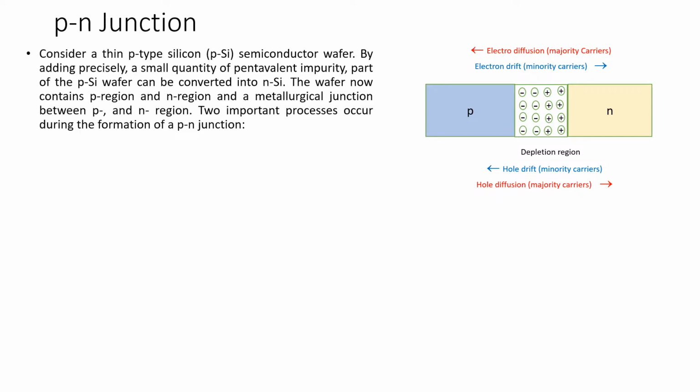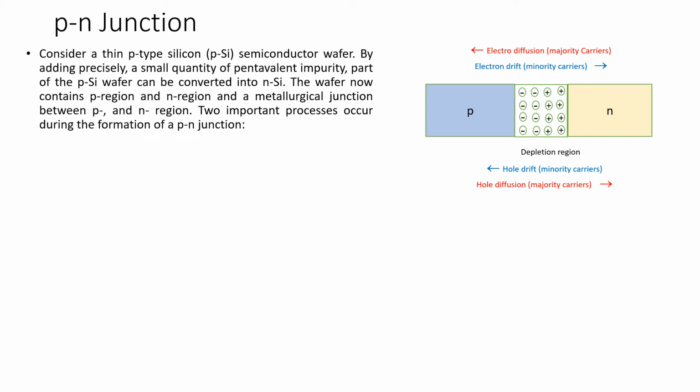Consider a thin p-type silicon semiconductor wafer. By adding precisely a small quantity of pentavalent impurity, part of the p-type silicon wafer can be converted into n-type. Here the pentavalent impurity is added on the n side. The wafer now contains p region and n region and a metallurgical junction between p and n.